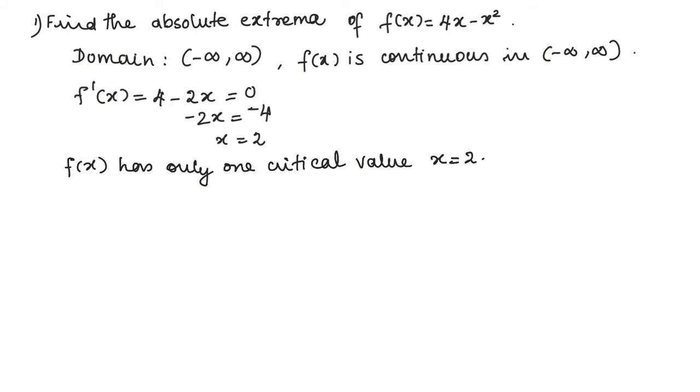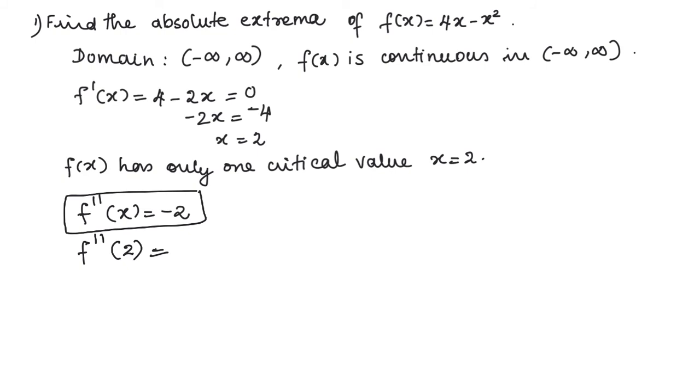We can apply the theorem we just learned. So we can find the second derivative. The second derivative of the function is negative 2. Now evaluate the second derivative at the critical point. The critical value is 2. Since there is no variable in the second derivative, it will still be negative 2 for any value of x.